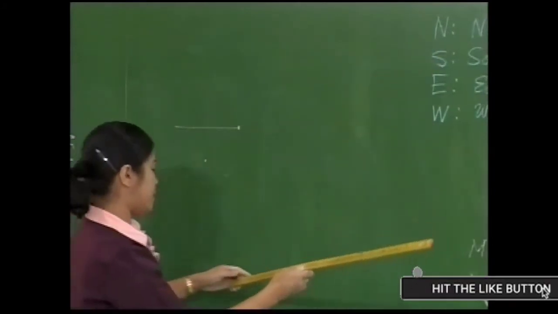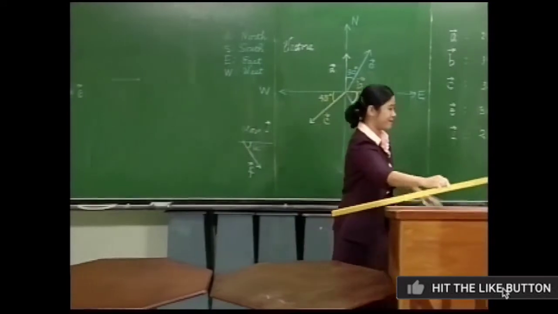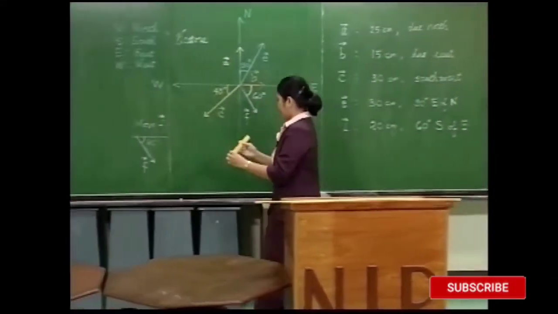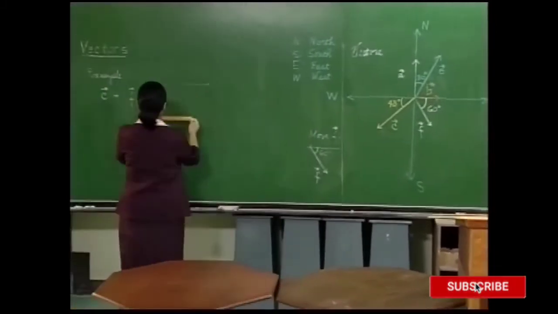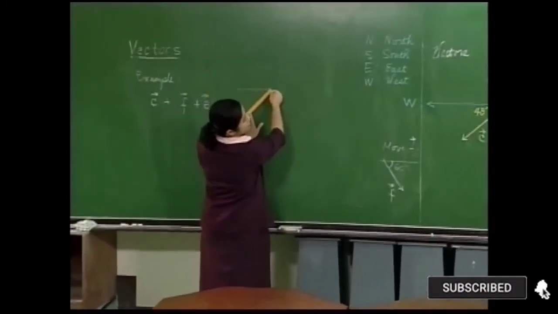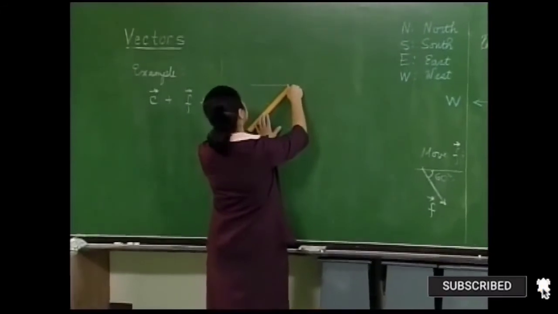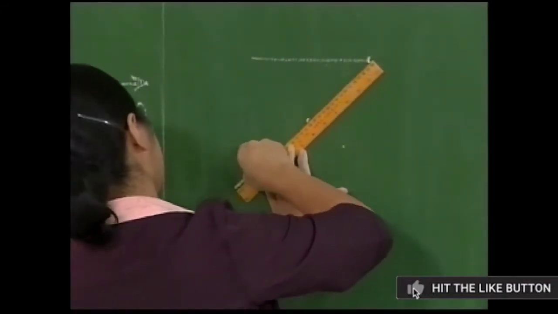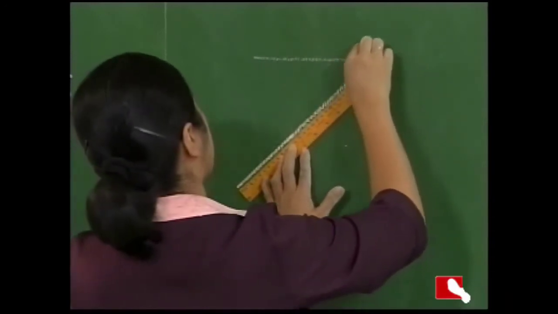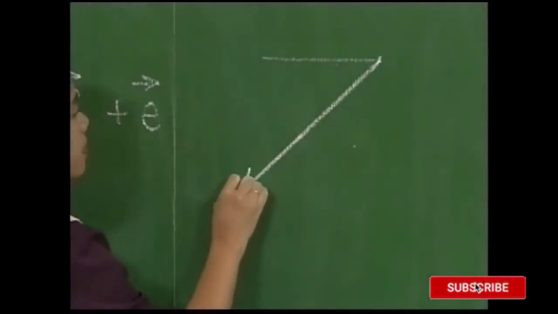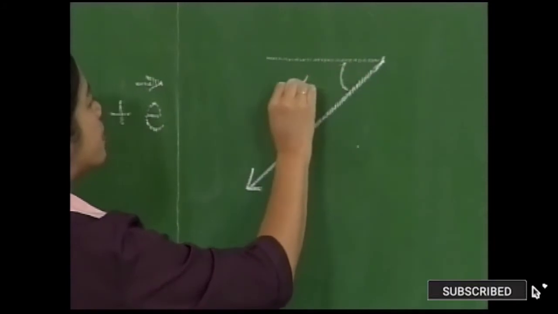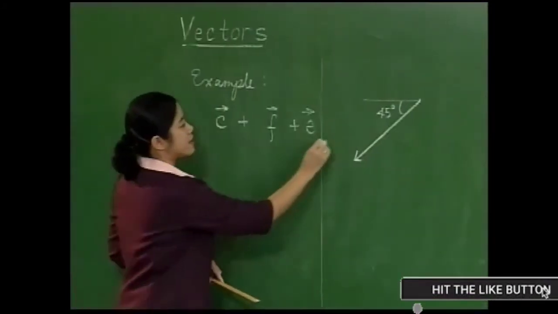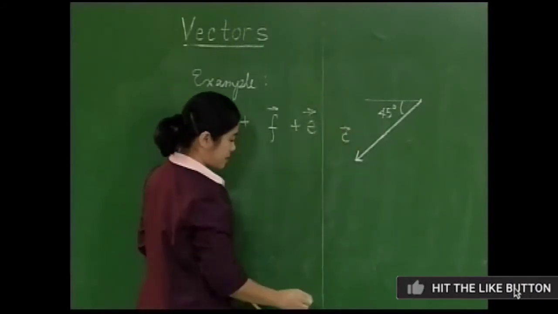I'll use this one. Okay, 30. Vector C is 30 centimeters. Okay, and this is 45 degrees. Just make sure that I have the correct direction.